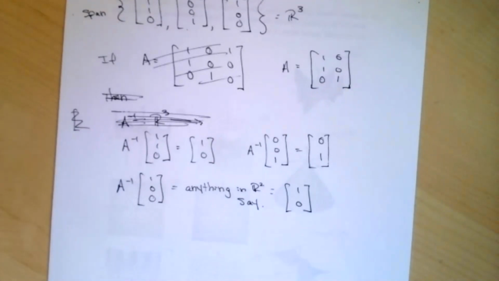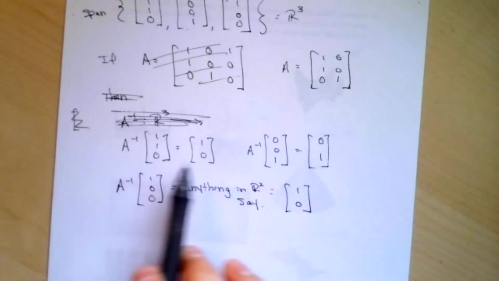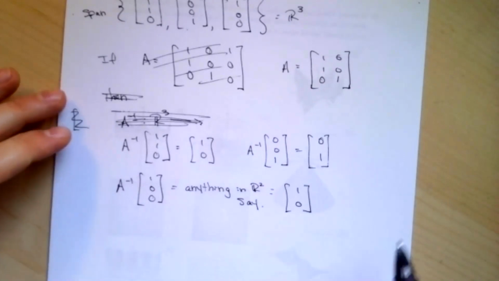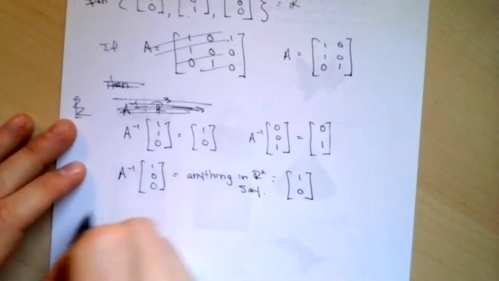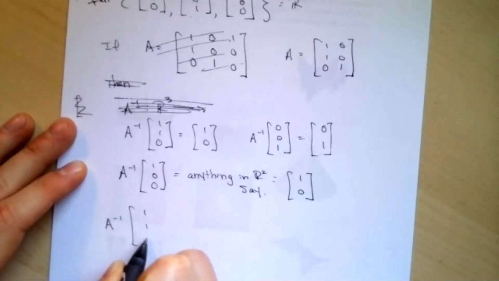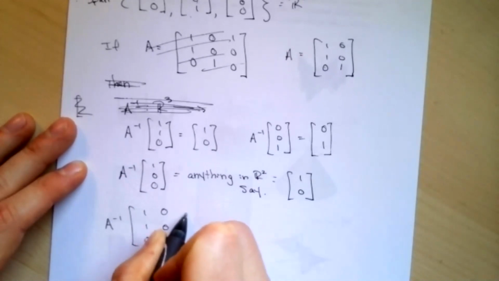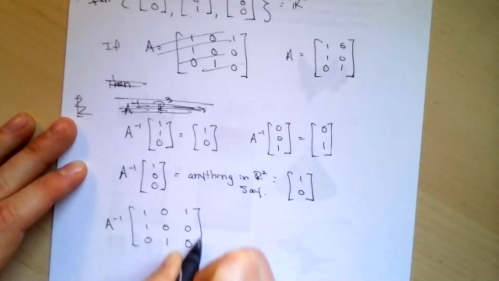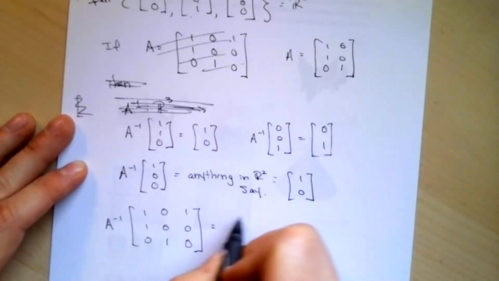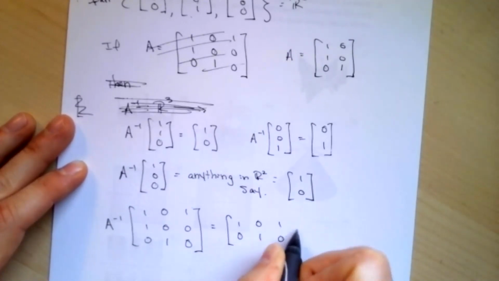We kind of have a choice of where we want to send that, since all we really need is these 2 conditions to hold. So what we're going to have is that A inverse acting on our 1, 1, 0, 0, 0, 1, and 1, 0, 0 is going to equal 1, 0, 0, 1, and 1, 0.